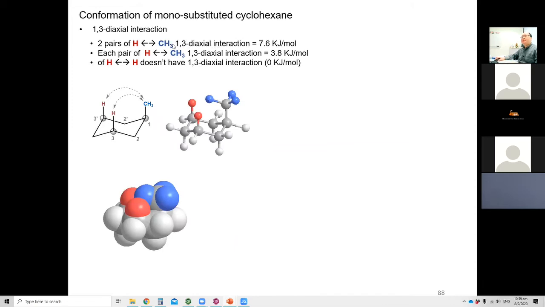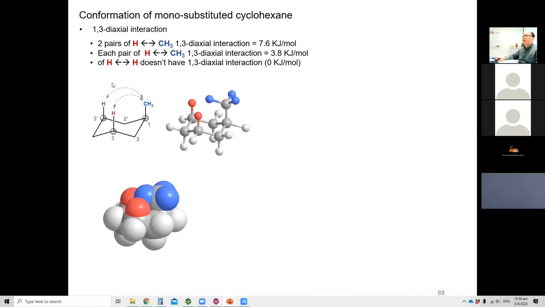Now we already know that the two pairs of hydrogen-methyl interactions have a 7.6 kilojoule per mole higher energy than the totally relaxed one. Because there are two pairs of them, one pair, two pair, each pair of those hydrogen-methyl interactions is 3.8. And I have to remind you that the hydrogen pairs don't have any 1,3 diaxial interaction, so we set this one as the zero point of this energy comparison.